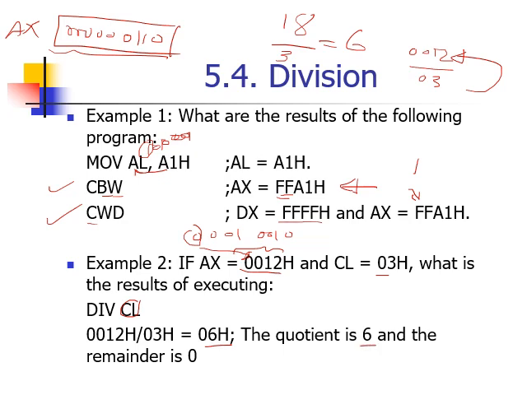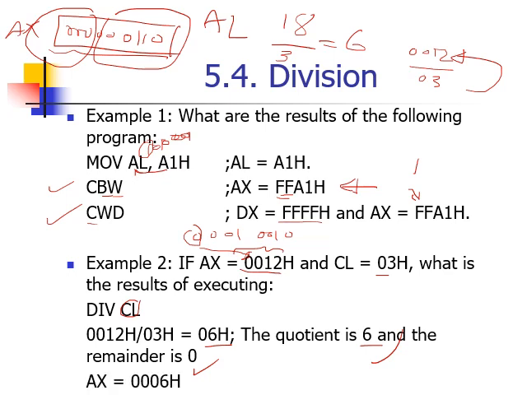The quotient in AL is 6. The remainder is in AH, which is 0. So you get the quotient and remainder. AX now contains this. This is your quotient, and this is your remainder. Good.